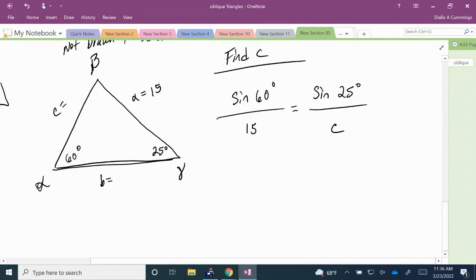Okay, so now that we have our proportion with only one unknown, the next thing I'm going to do is use the cross product property and multiply. So C times the sine of 60 degrees is equal to 15 times the sine of 25 degrees.